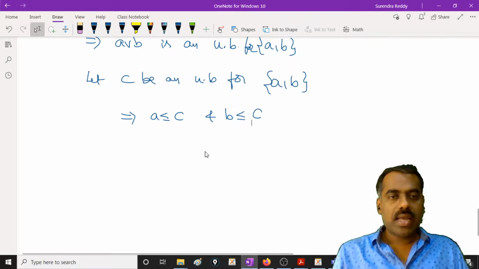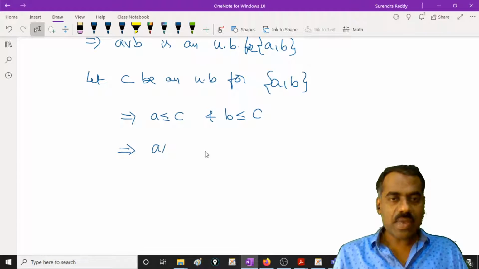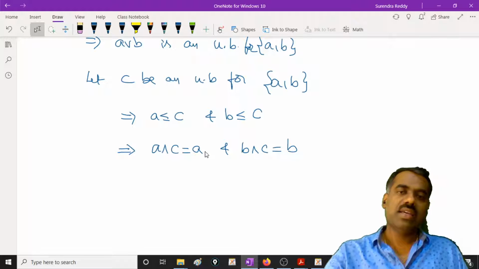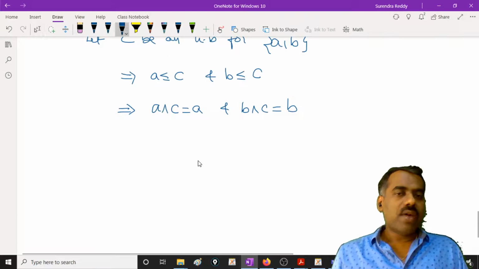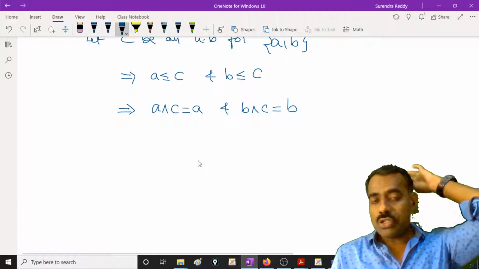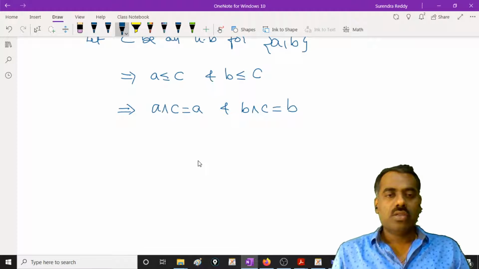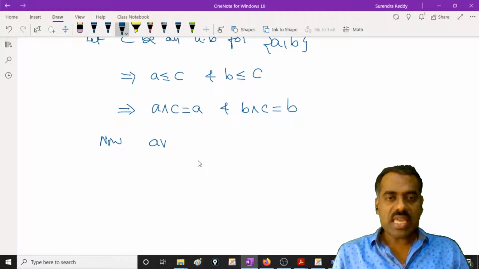Now this relation in the form of meet is what? A meet C is A and B meet C is B, right? Now because somehow we should deal with join, we'll try to find the join of these two. So what can you say about A join C?